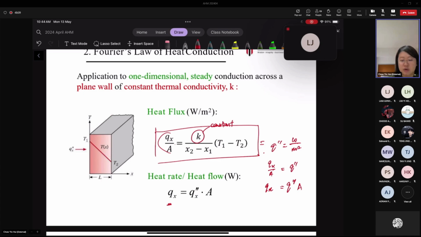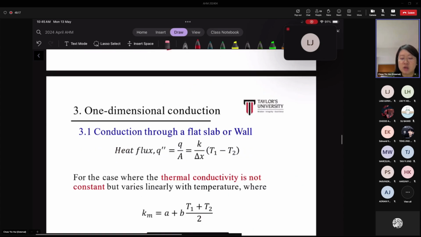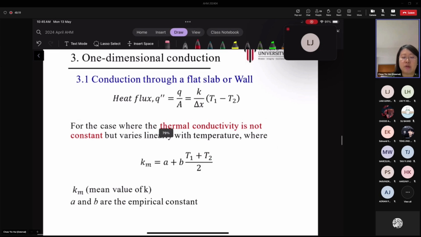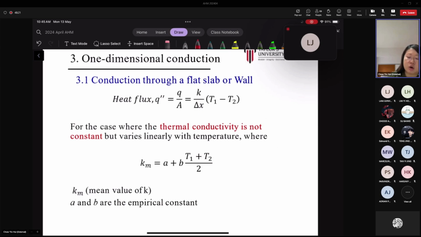cross-sectional area. Now, talking about thermal conductivity, most of the time that you have been learning so far, we assume that it's constant. But if the thermal conductivity is not a constant value and varies linearly with temperature, the treatment is to use this equation here.